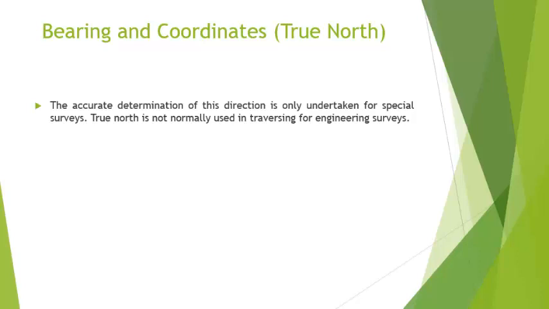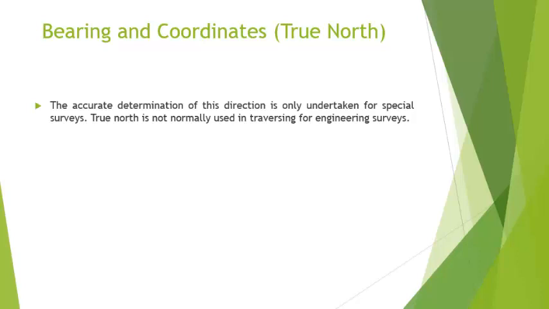Starting with the true north, okay? A true north is defined as a line passing through a point on the surface of the earth which contains the earth axis of rotation. This makes it a good line of reference as it remains unchanged. The line is called the geographic longitude.